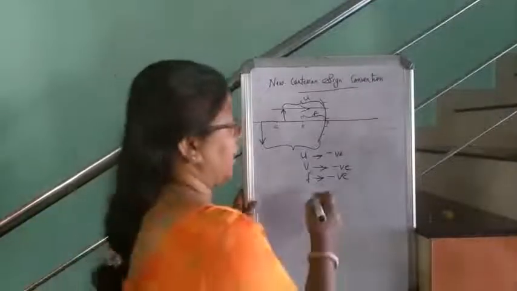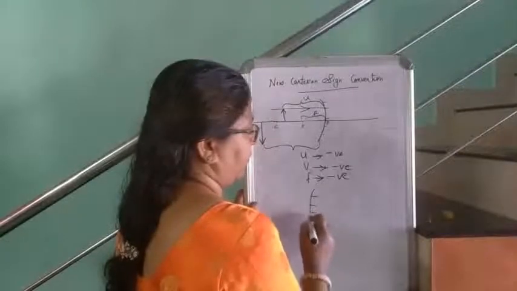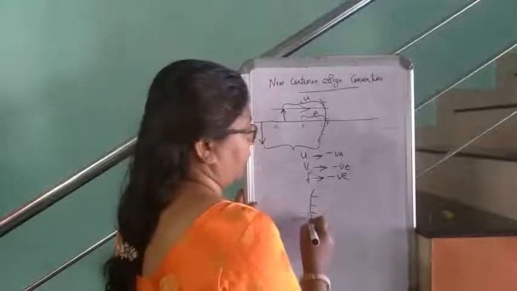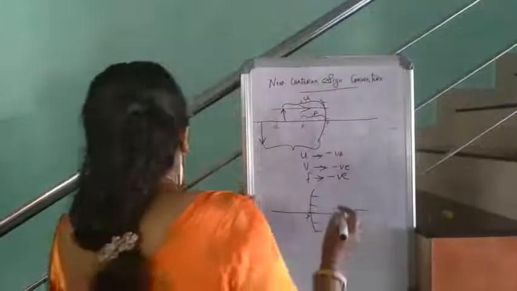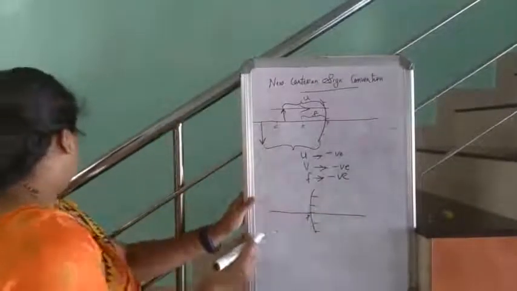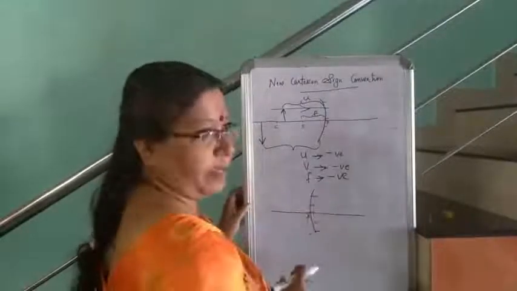Now we can consider a convex mirror. This is the pole of the mirror, and we are drawing the principal axis.